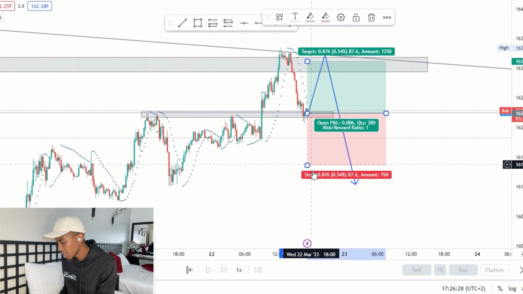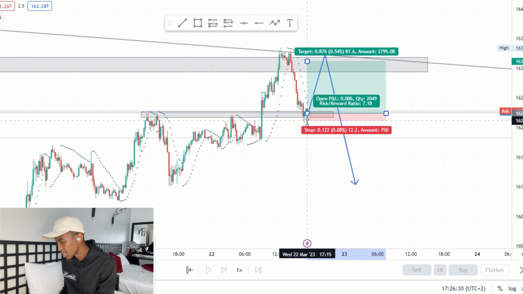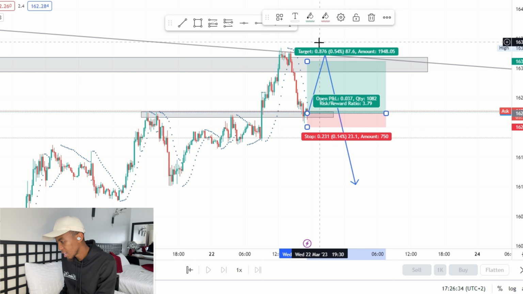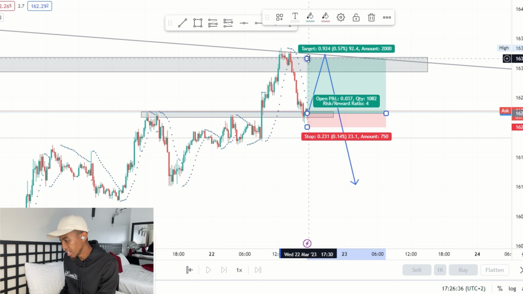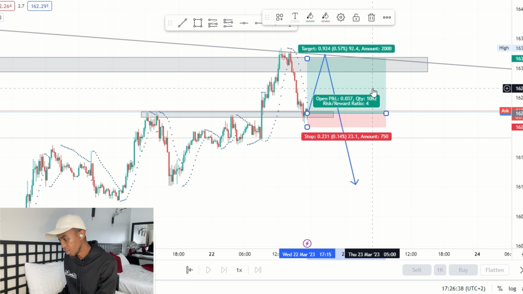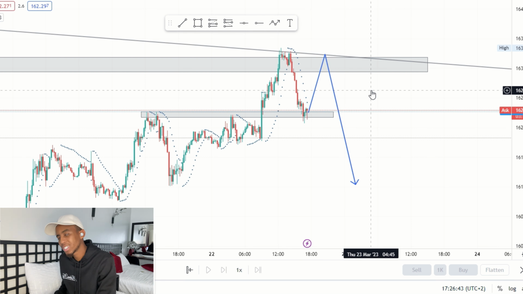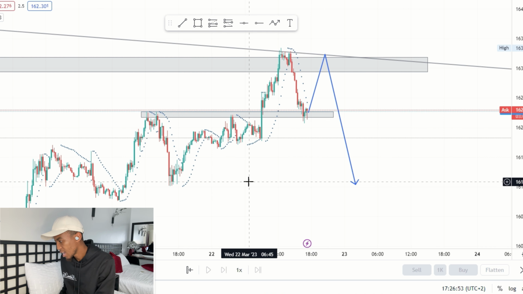If I had to enter it at this point, my stop loss doesn't need to be that big. It would probably be something like that there, and then I would take it right there. So it's 1:4. Then the moment I get that double top, I use strict confirmations, because this is the strategy that I need to rely on confirmation in order to actually get in. Then I can take that sum.